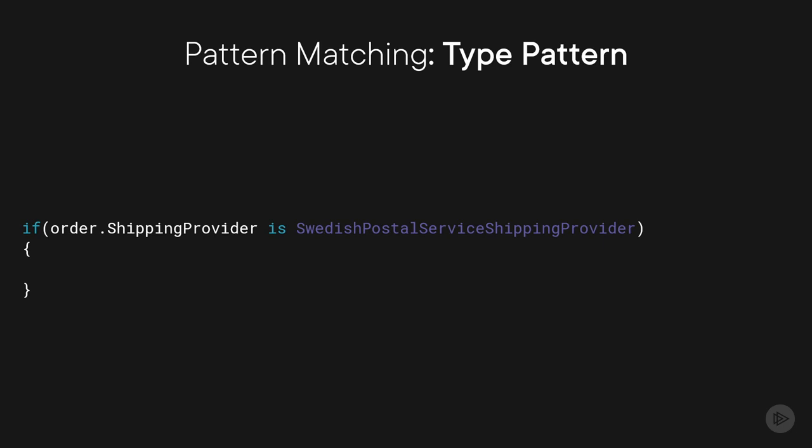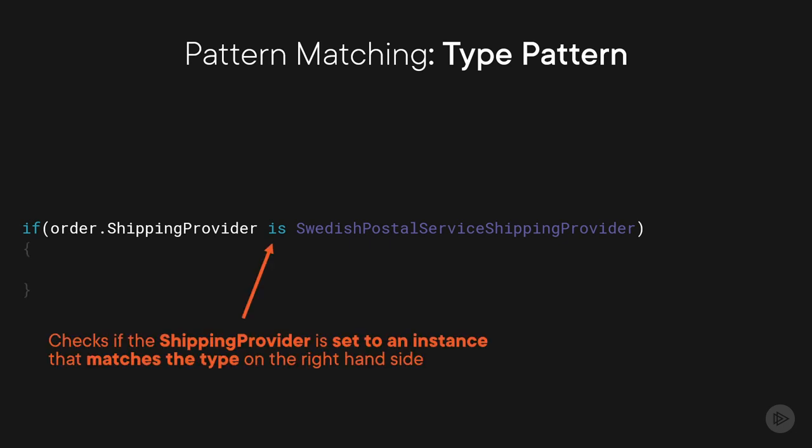This class inherits from the shipping provider. So after we've checked that this is the provider used for the order, we'd like to consume this as a Swedish postal service shipping provider. Using the is operator will determine the type, as well as if it's not null. This will use what is known as the type pattern.